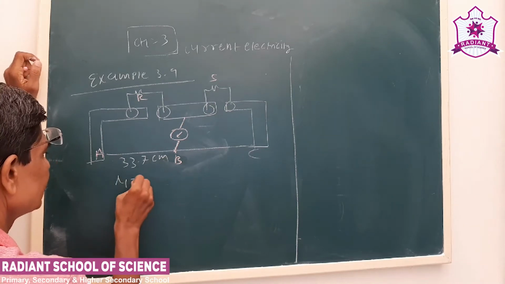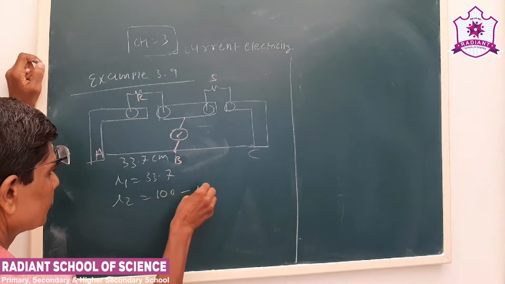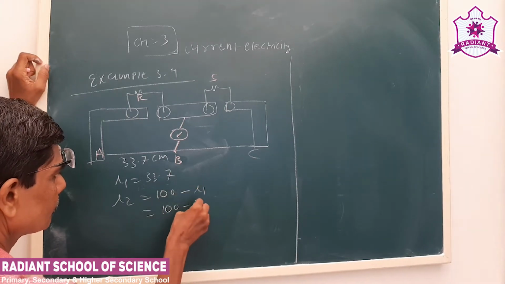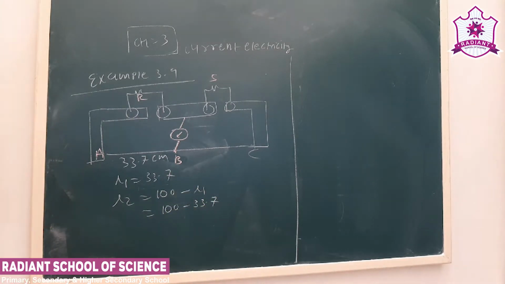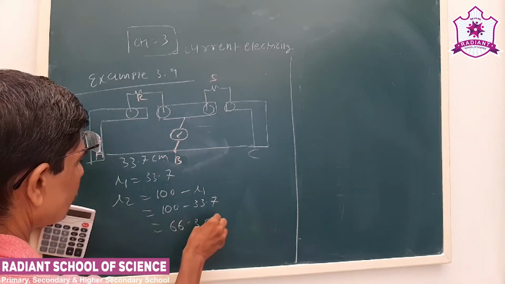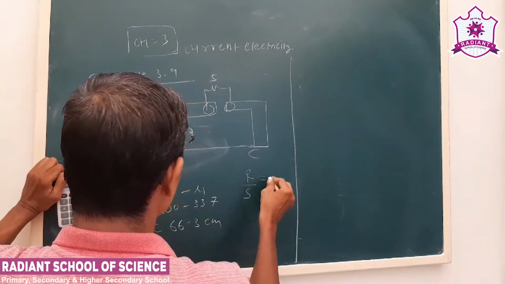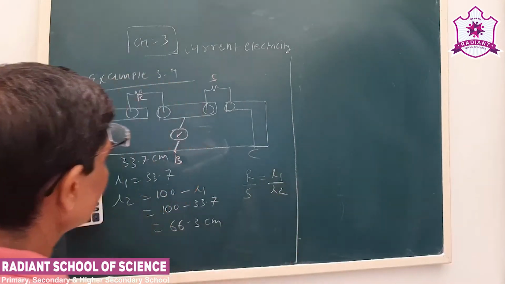L1 is 33. Here our equation is R upon S is L1 upon L2.